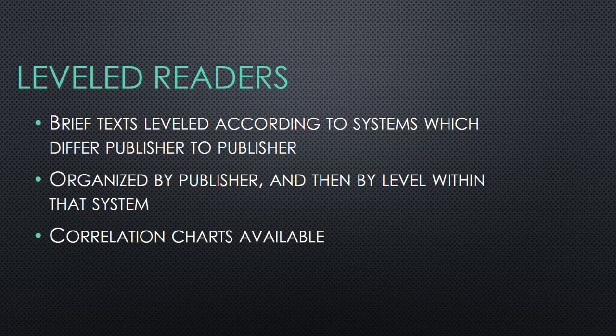So you can use these charts if you know what your student is in Fountas and Pinnell. You can use it to correlate to see what they are in Rigby, for example. These are organized by publisher and then by level within that system. And if you need any help at all with this, don't hesitate to ask a library staff member.